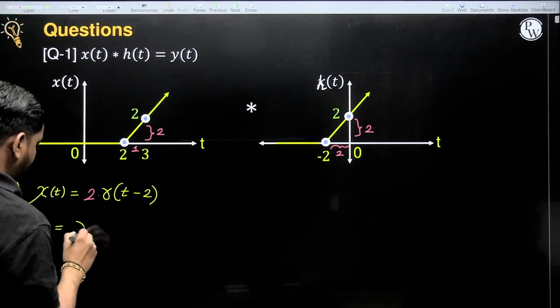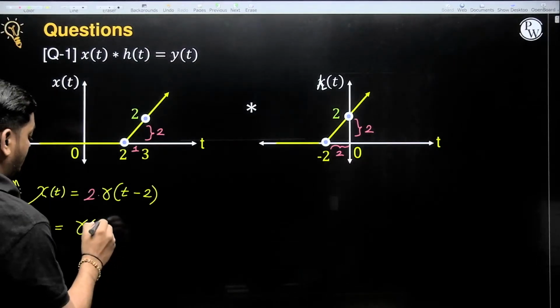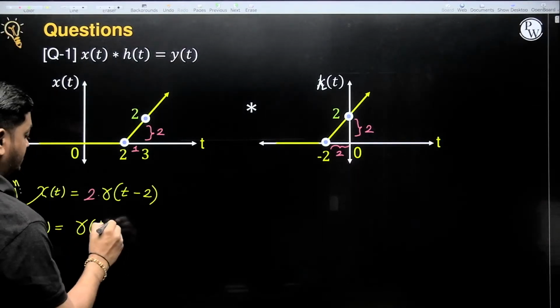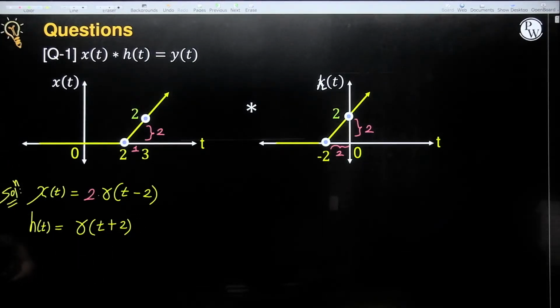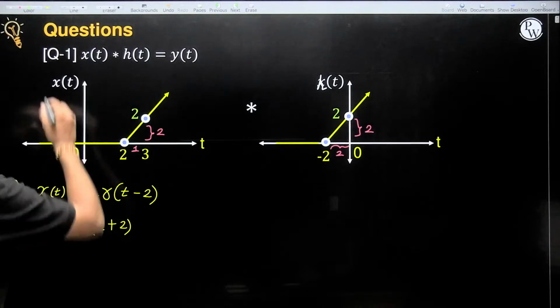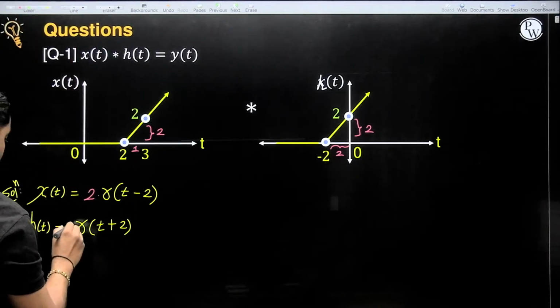This is a ramp function going towards the right side, that's why plus t, starting from minus 2, that's why you can write plus 2 here. The slope is plus 1 and increasing.